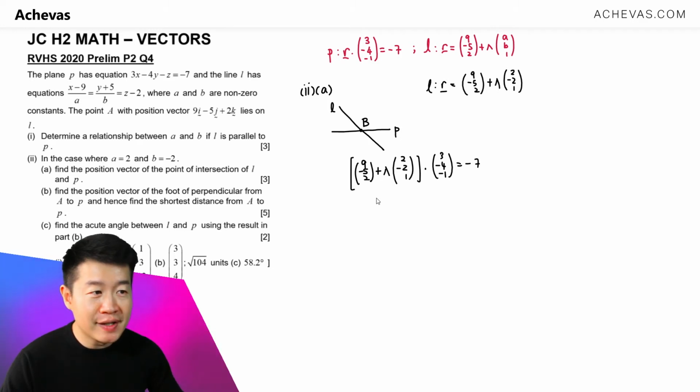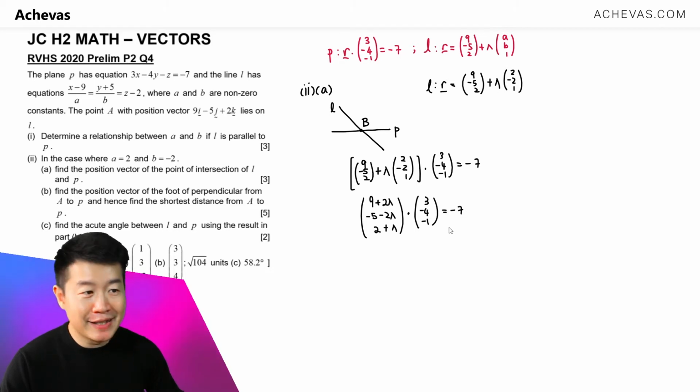I'm going to make this into one single column vector. So (9 + 2 lambda, -5 - 2 lambda, 2 + lambda) dot (3, -4, -1) is equal to -7.